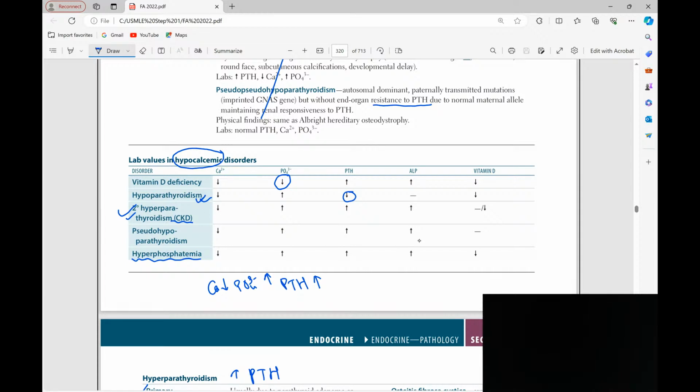ALP is increasing everywhere and vitamin D is decreasing everywhere. So this chart is made simple.